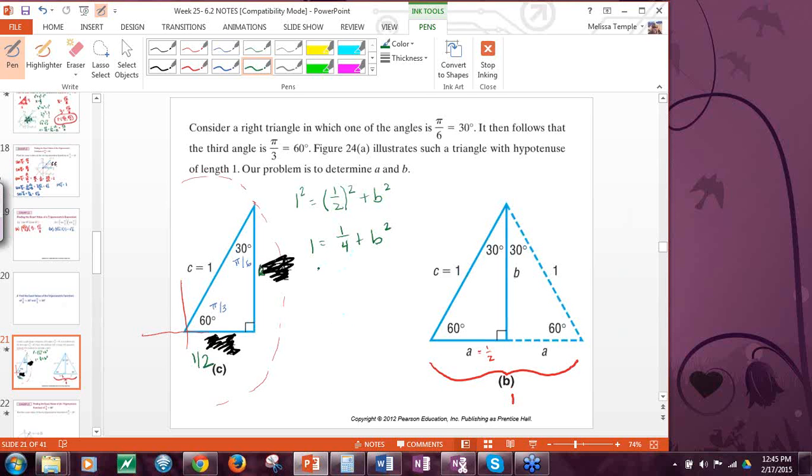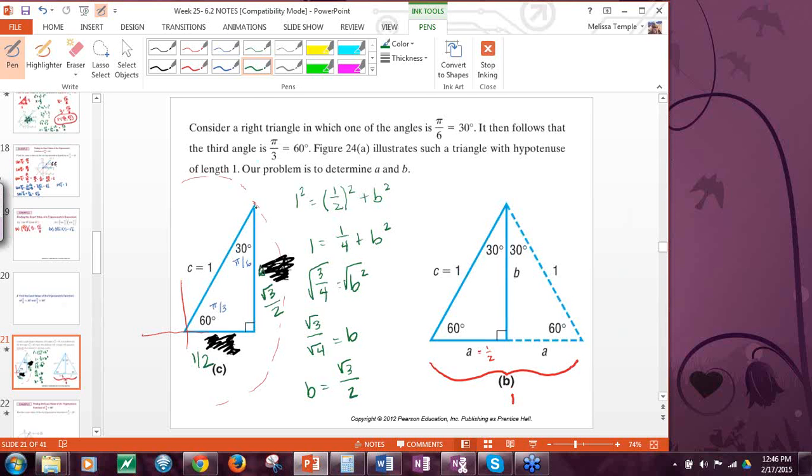Subtract 1/4 from both sides. 3/4 is equal to B squared. And square root both sides. So I get the square root of 3 over the square root of 4 is equal to B. And square root of 3 can't be reduced, but the square root of 4 is 2. So B is equal to the square root of 3 over 2.